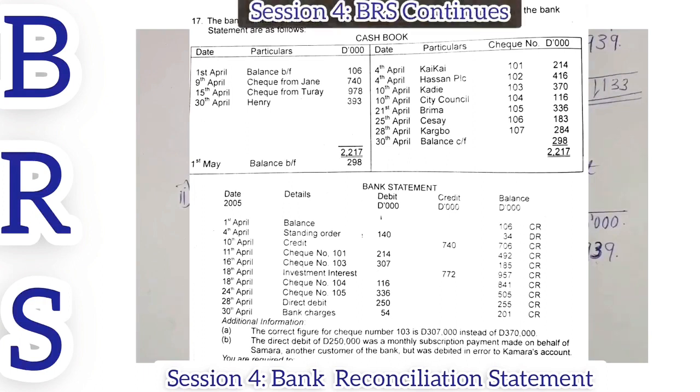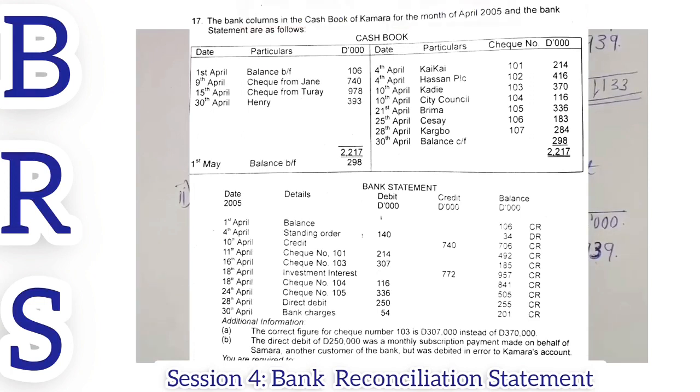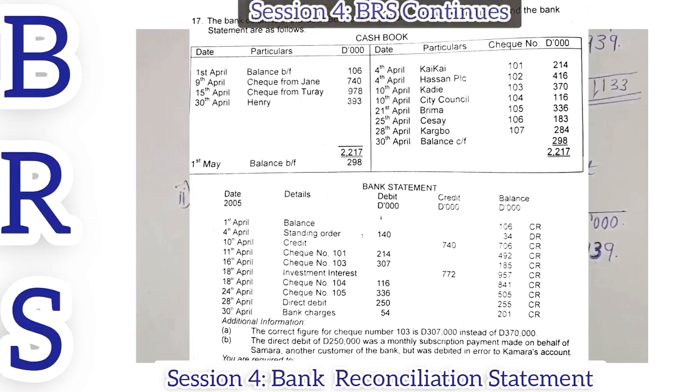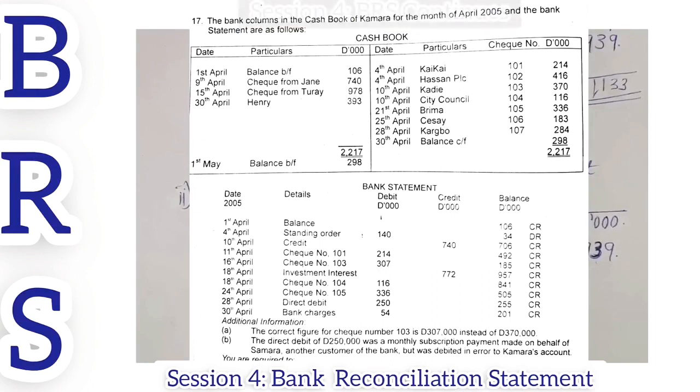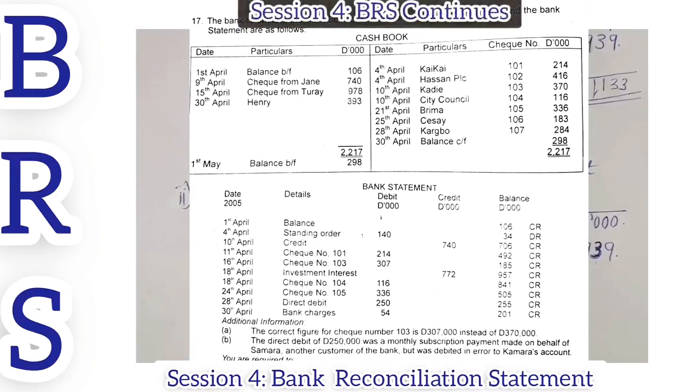Yeah, 102 is not here, which was 416. I've noted that one. We'll check number 102, which was 416. It was not on the debit side of the bank statement, so it is part of the unpresented checks.